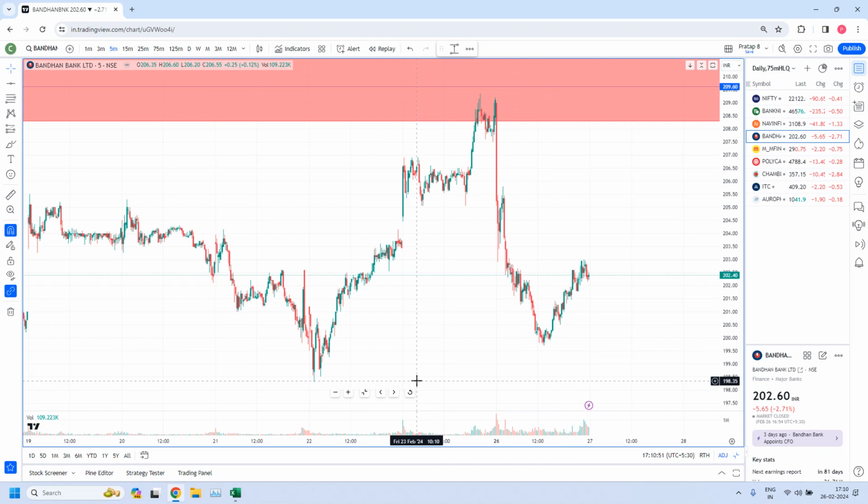And which overextension? Daily overextension. When a daily overextension is completed, you take a trade on the lower time frames.